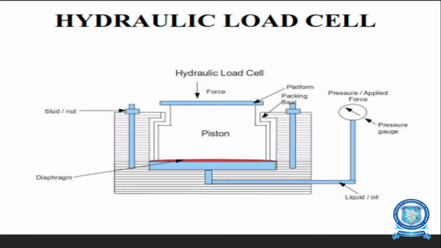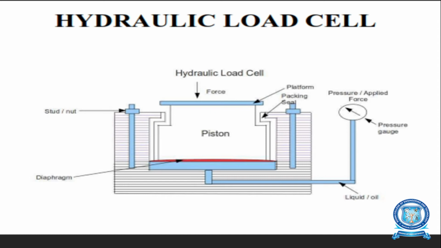Here the piston is placed on a thin elastic diaphragm or bridge ring made of steel. The piston does not actually come in contact with the cylinder wall. Mechanical stops are used to prevent overstrain of the diaphragm when the load exceeds a certain limit. The load cell is completely filled with oil.